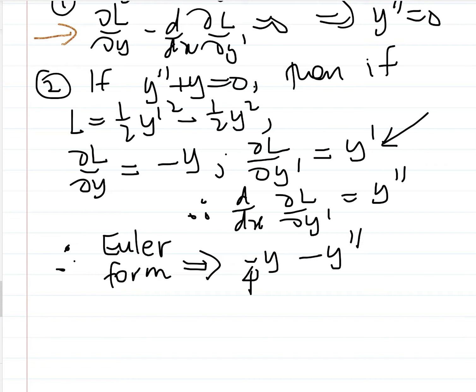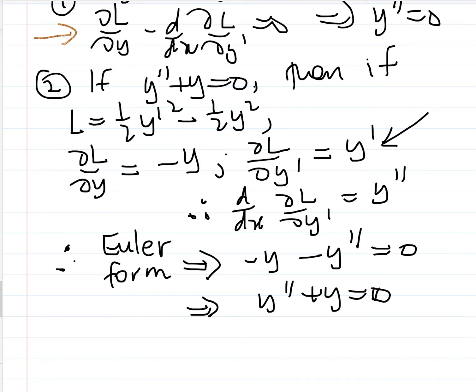This minus comes from the partial derivative, and this minus comes from the Euler form, and you may recall that there's the minus sign in the Euler form. And that will equal 0. Sorry, let me change the color back to black. So this equals 0, and that implies that y double dashed plus y equals 0.